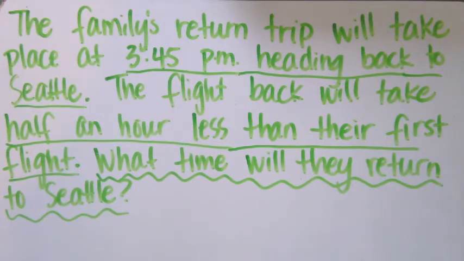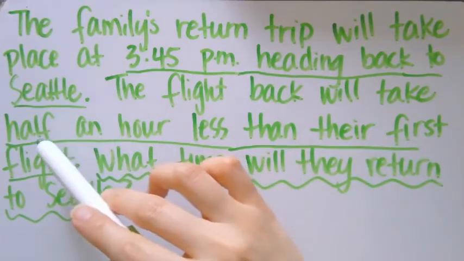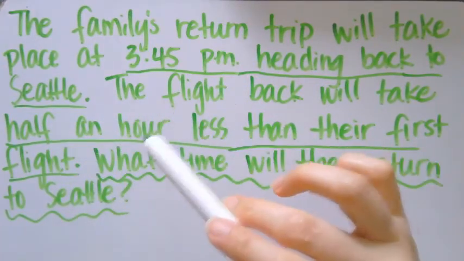Okay, there's more than one way to answer a problem, but with a problem like this where you're doing multiple things, it's best to go in a way that works best for you. So me, personally, I'm going to subtract first because this tells me half an hour less than their first flight.